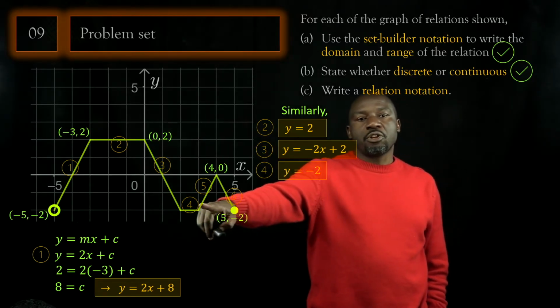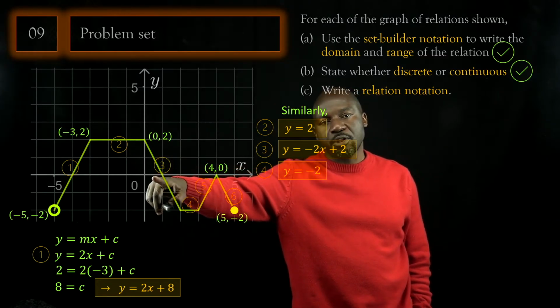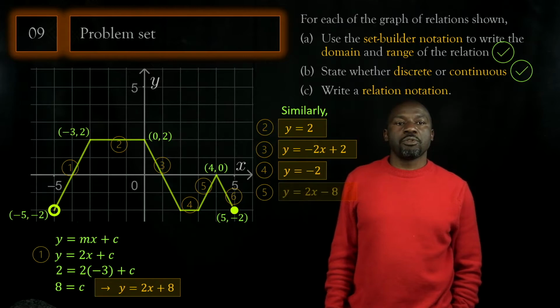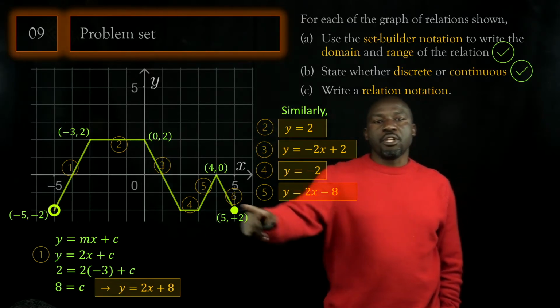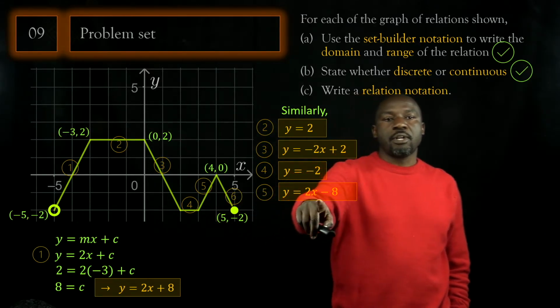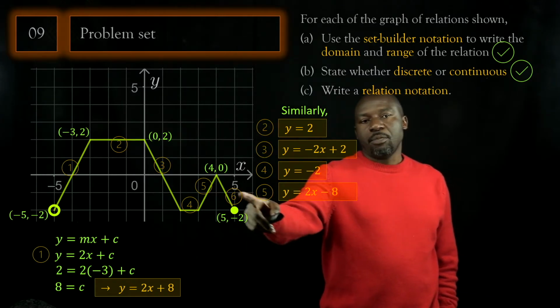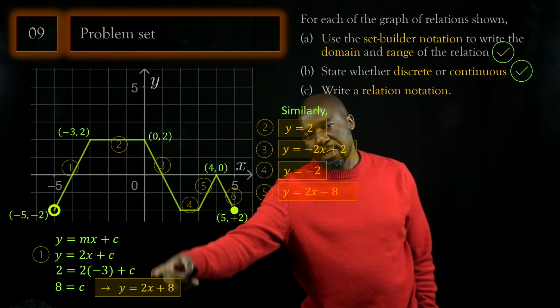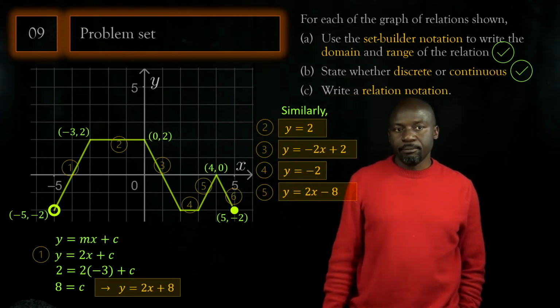If we look for the equation of line 5, using the same methods we used for line 1 and line 3, you should try it out. You should be able to see that for this one the gradient is positive, so 2x minus 8, meaning this line, if we extended it backwards, would cross the y-axis at y is negative 8, okay?